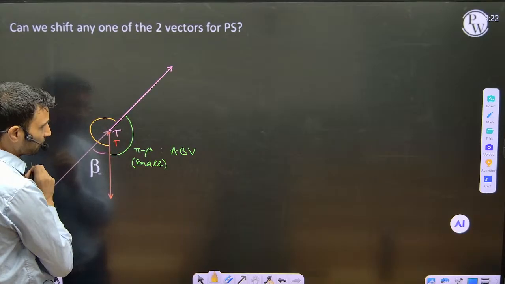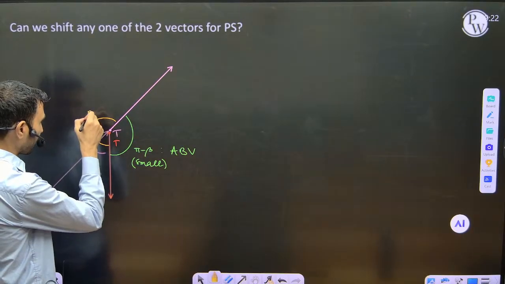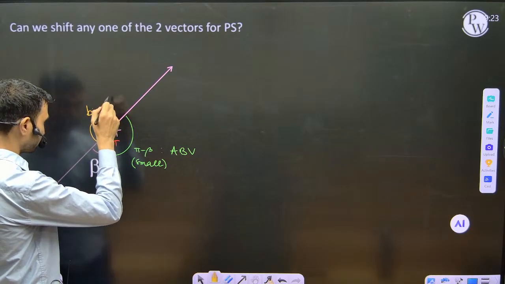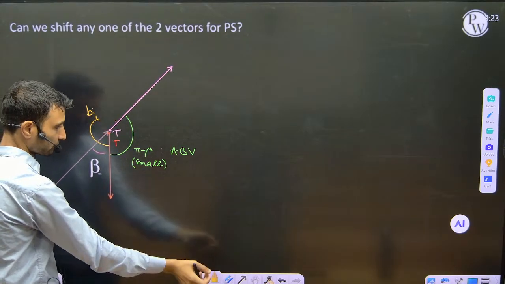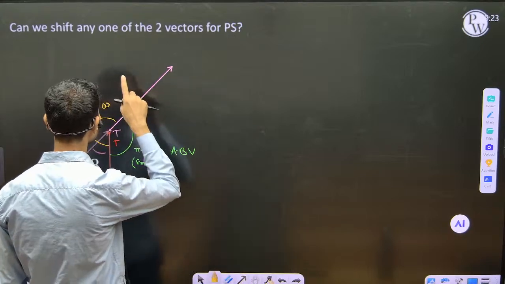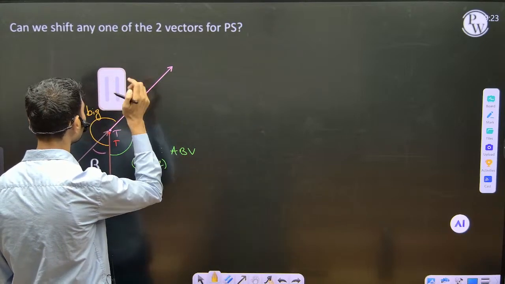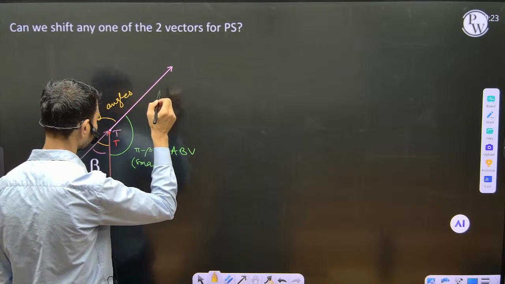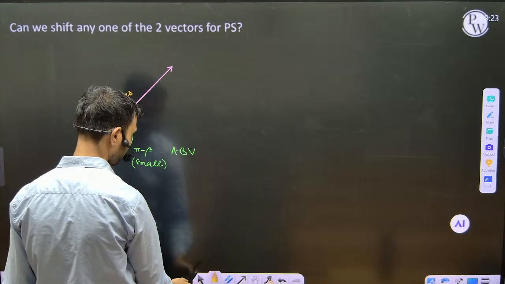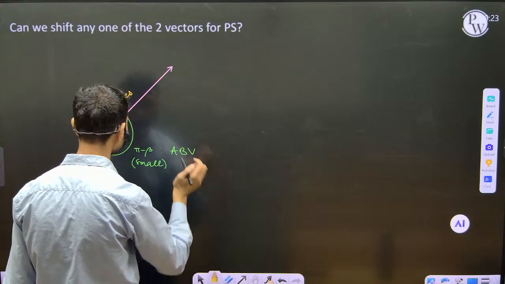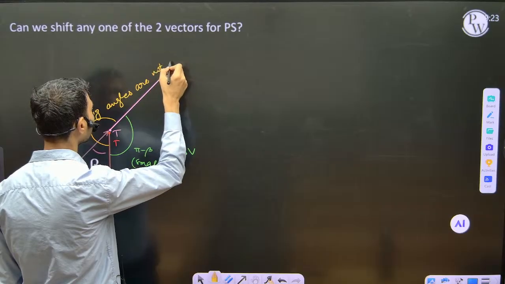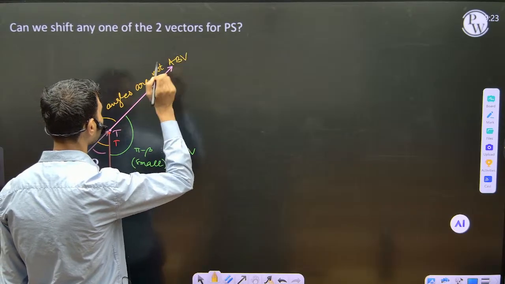Now, why am I not taking this as the angle between vectors? This is not the angle between vectors. Why? Because this is the big angle. And big angles are not the angle between vectors.